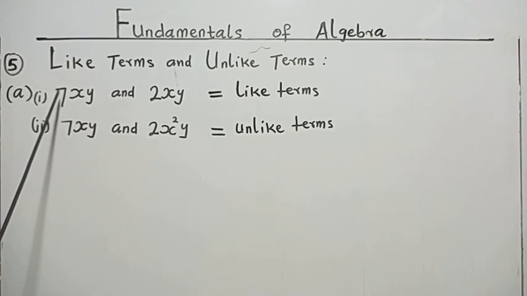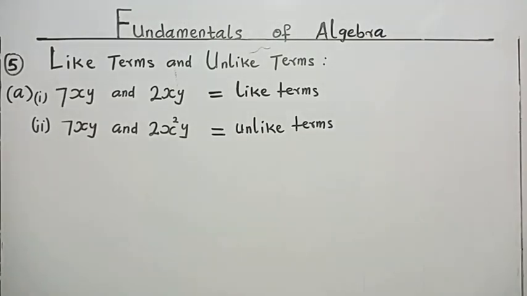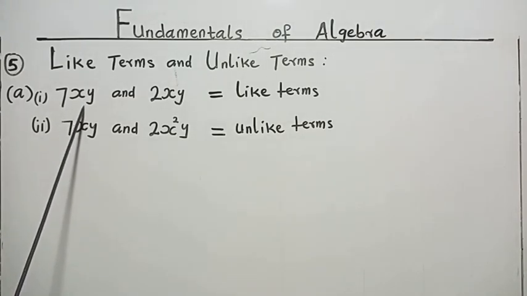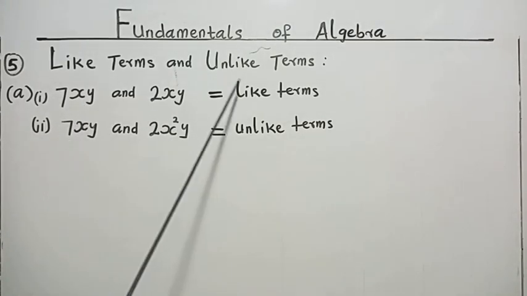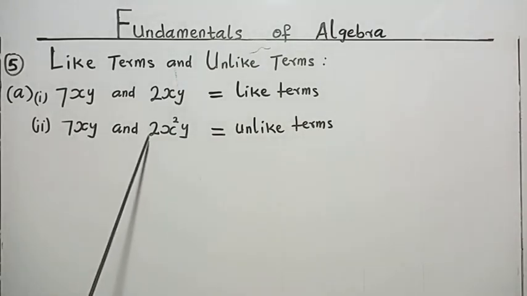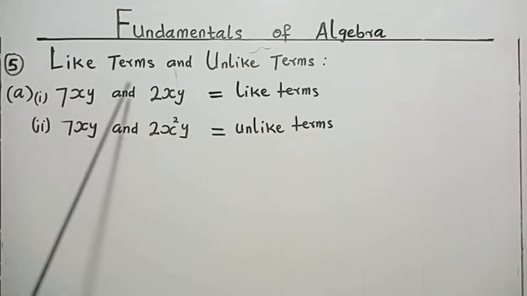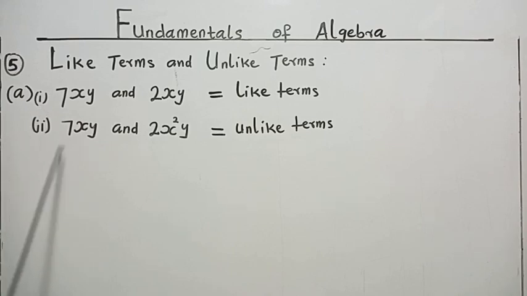Let me use these two sets of numbers to explain the concepts of like terms and unlike terms. Already, as you can see on the screen, it has been stated that 7xy and 2xy are like terms, and that 7xy and 2x squared y are unlike terms. Now, I want to ask, why is it that these two are considered like terms and these two are considered unlike terms?